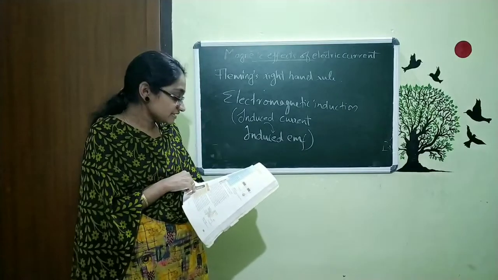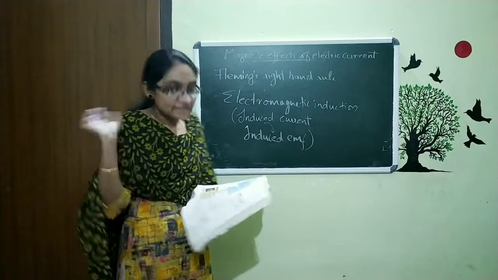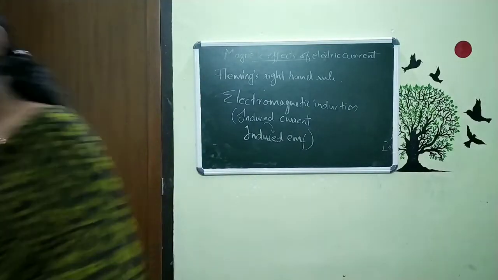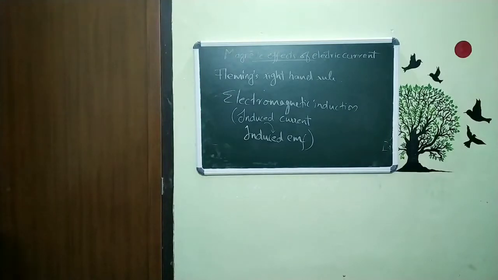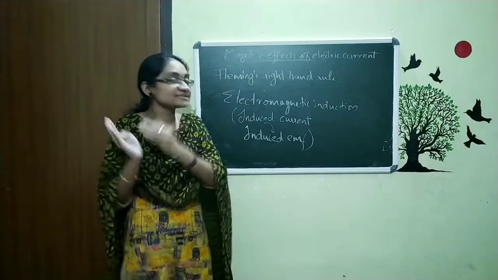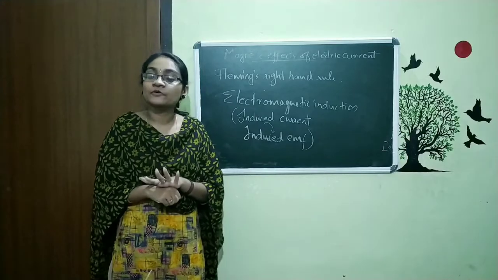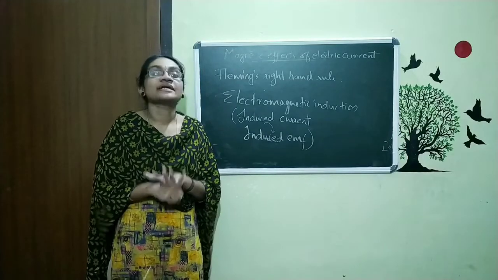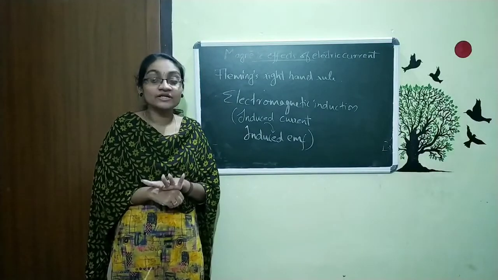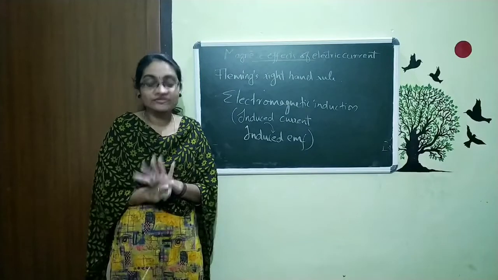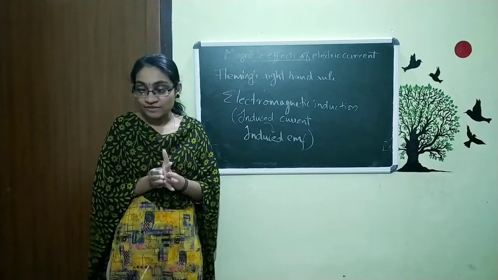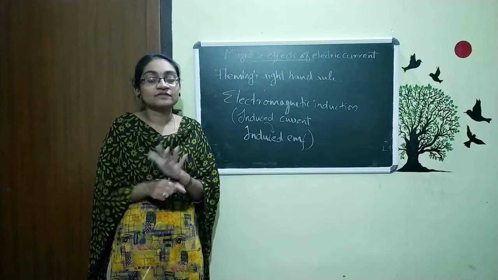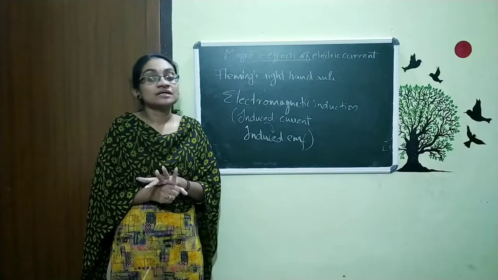If there is a conductor and no electricity, but we move a magnet inside that conductor, what is produced? An electric current, and that current is called induced current. This is the only thing we explained today. You want to read your textbook 3-4 times, and we will meet in our next class with the next chapter.